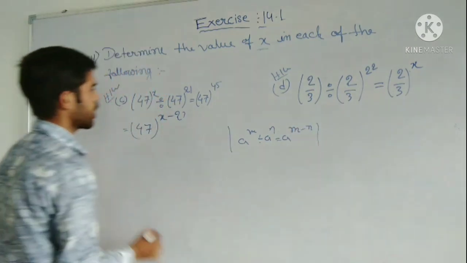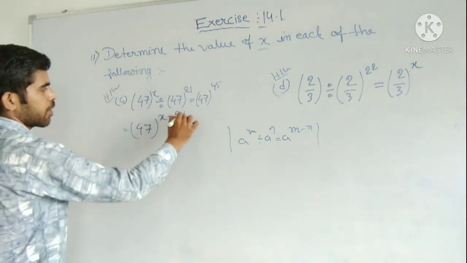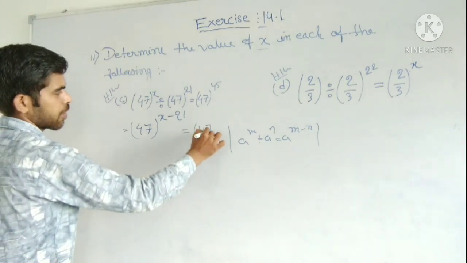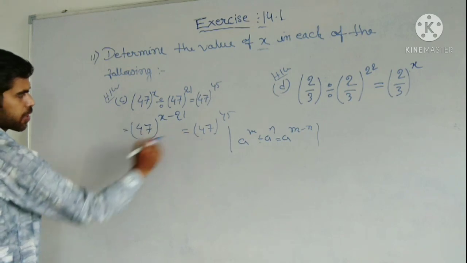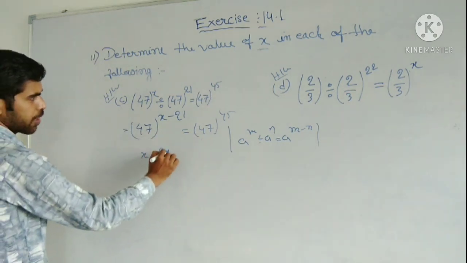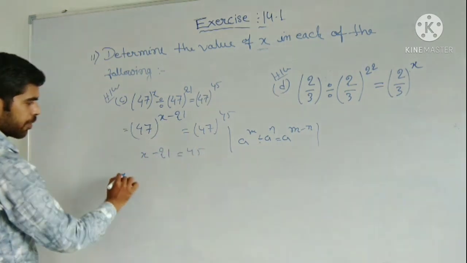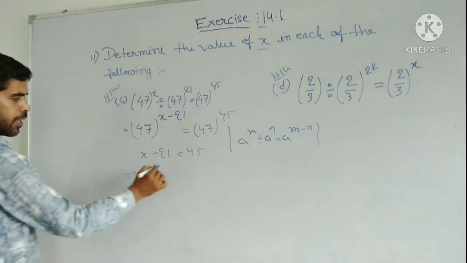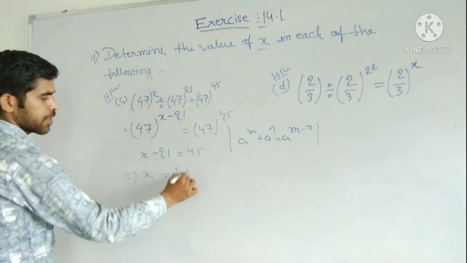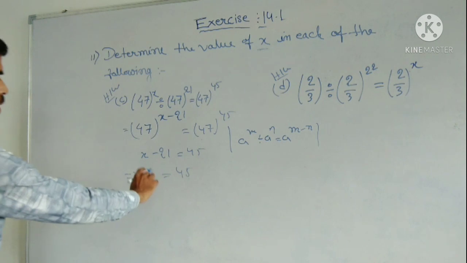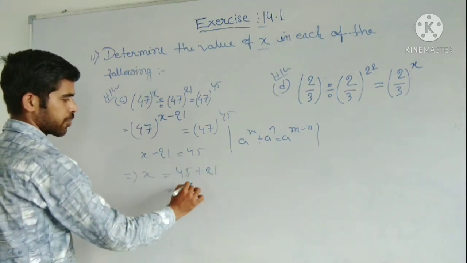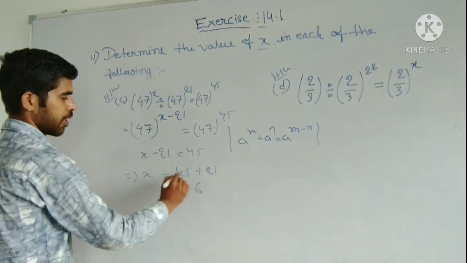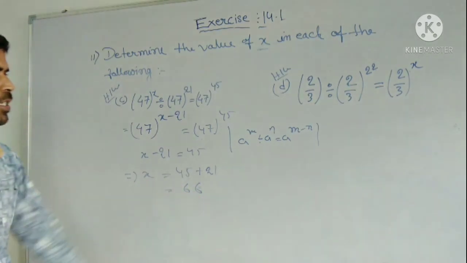Now there is 21, and then 47, here 45. Now you just omit this 47, then you write x, 21 or 45. Now x you write there, and you change the side. There 45 is there. When this changes the side, minus will become plus. Now you see 5 plus 1 is 6, and 4 plus 2 is 6. 66.